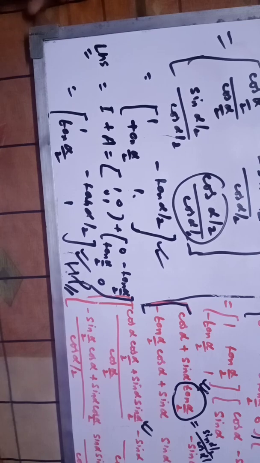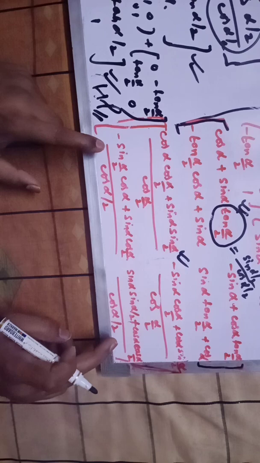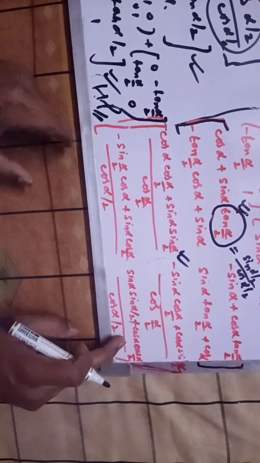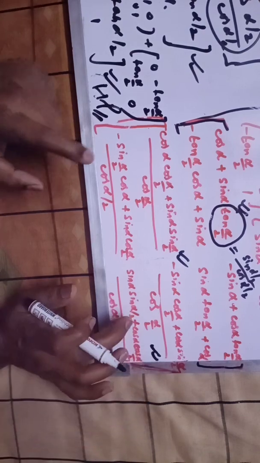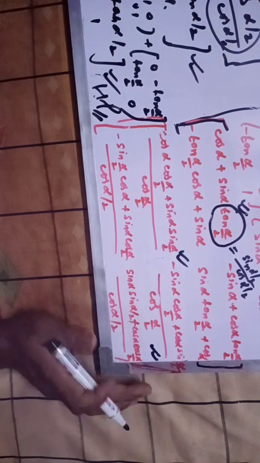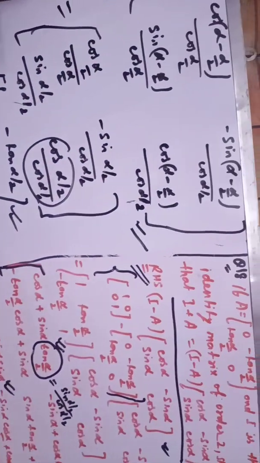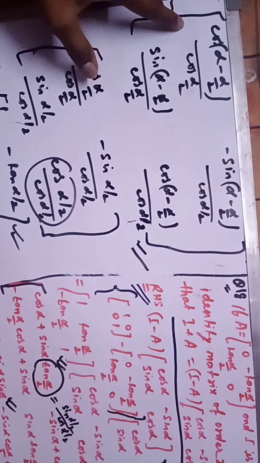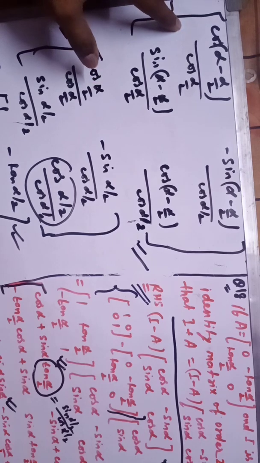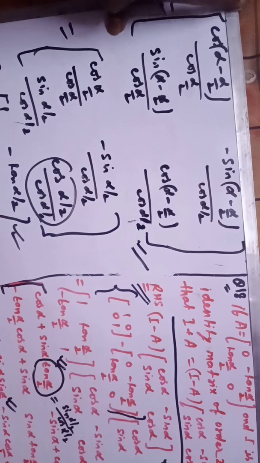So this part was important here, this part is very important. And after getting this part, the next part which you have written here will come using the formulas. If you recall the formula, you will get how to convert this.